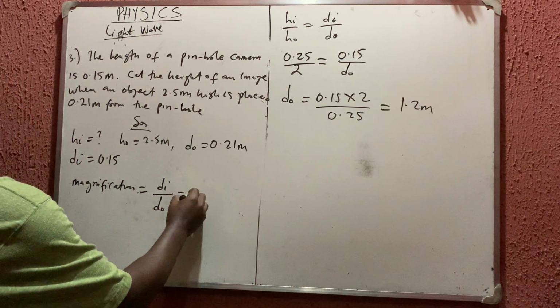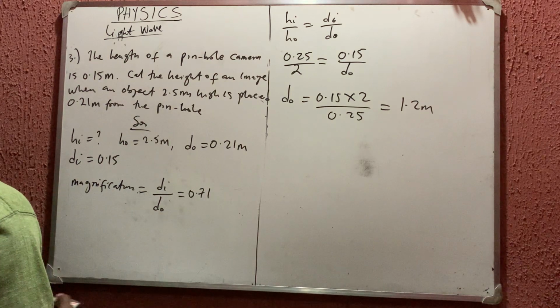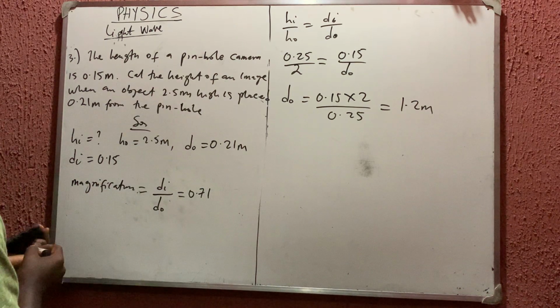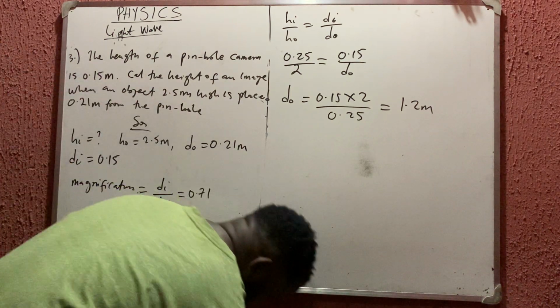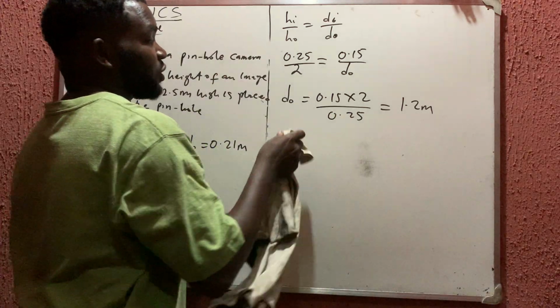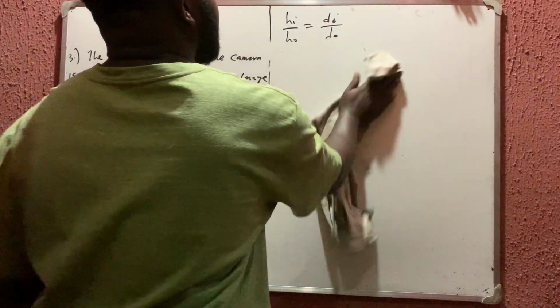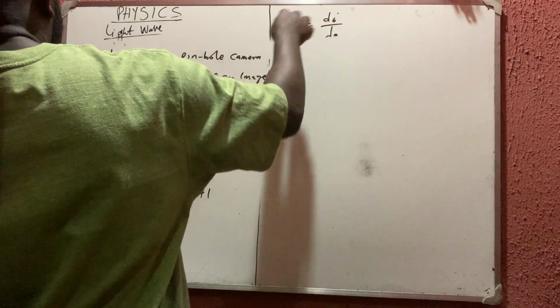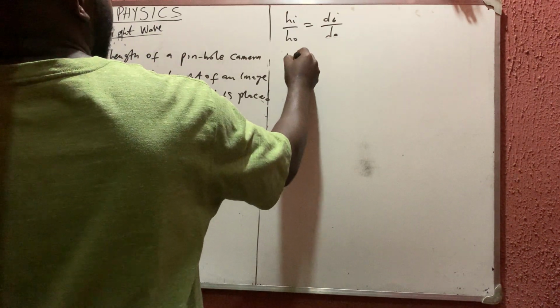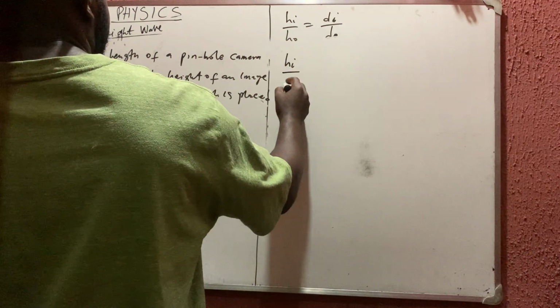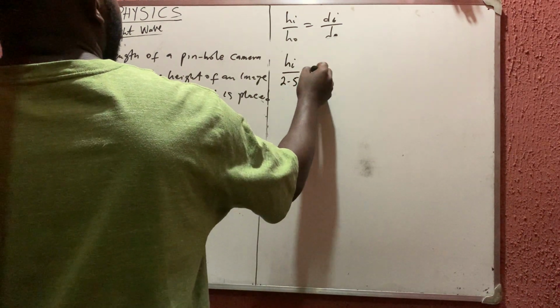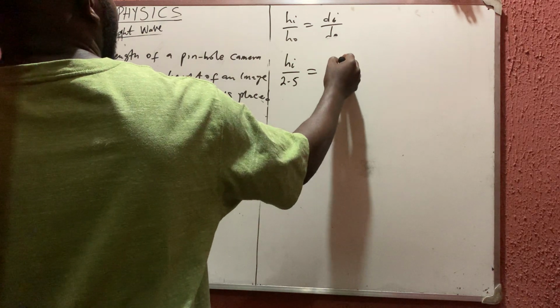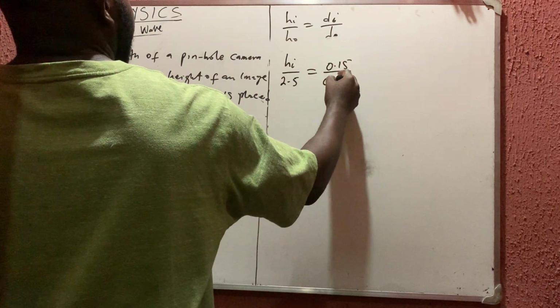We are not asked to find the magnification. I'm just finding it so that you will master the formula, that image must come first. So if we use the formula, I have hi over 2.5 is equal to 0.15 over 0.21.